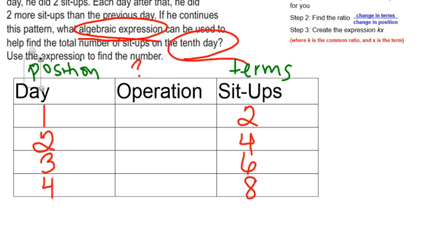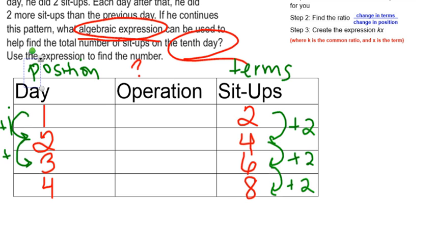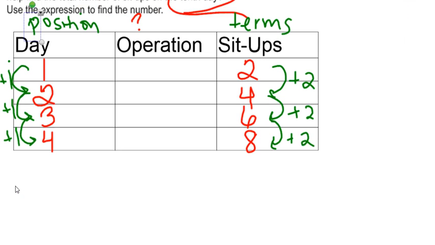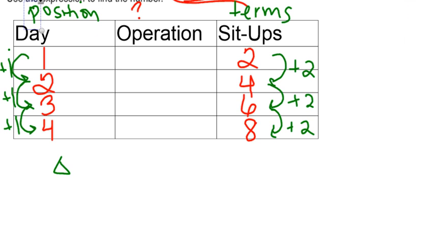So our terms are actually increasing by 2. So plus 2, and then plus 2. And then our days or our position is actually increasing by 1. Okay, so now we're just going to set up that ratio of the change in terms over the change in position.